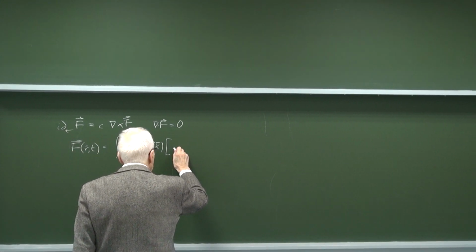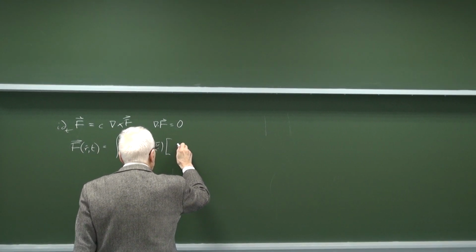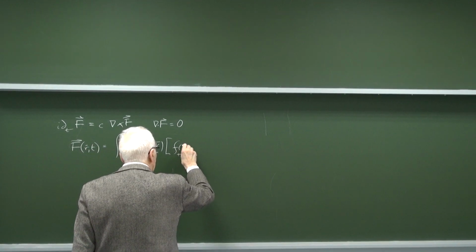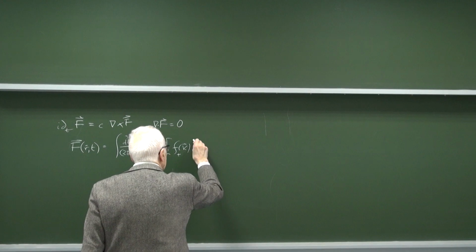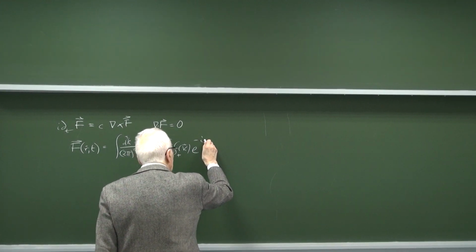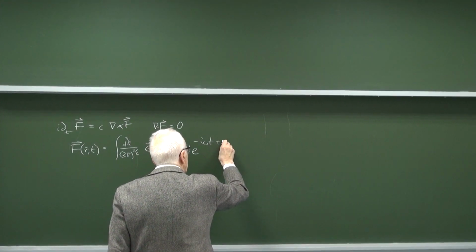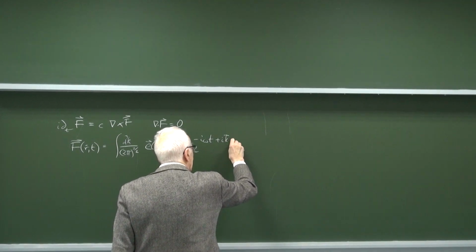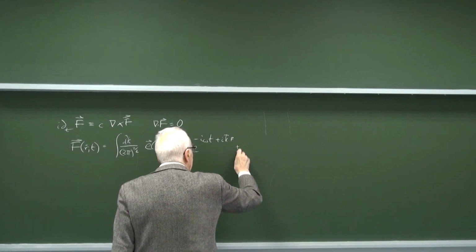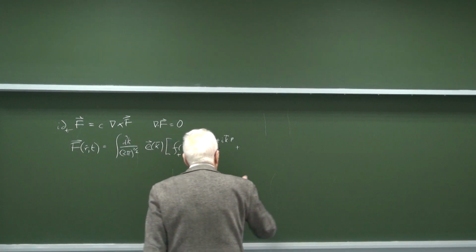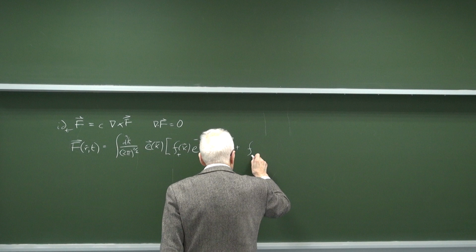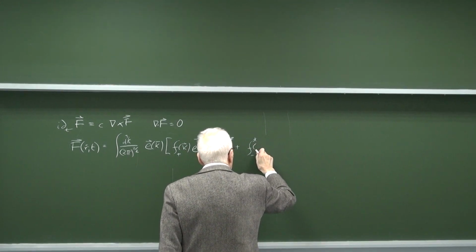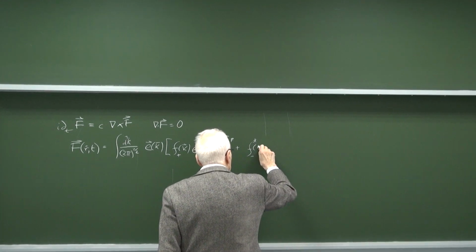One is the coefficient we call f plus of k, of the wave vector, e to the minus i omega t plus i k dot r, and another one, which for future convenience I will denote by the star coefficient, meaning complex conjugate.